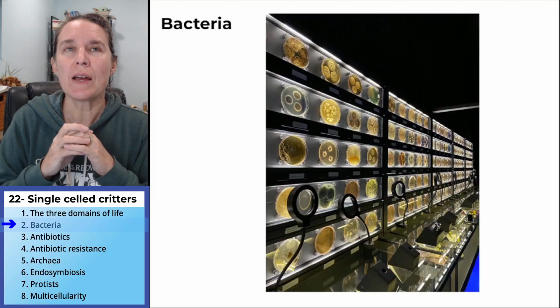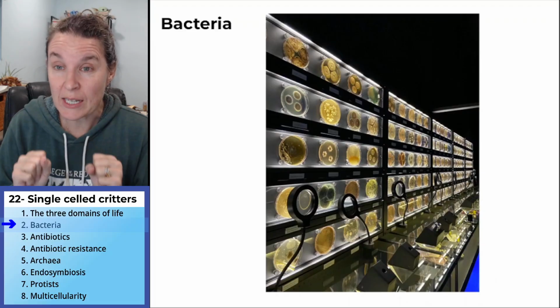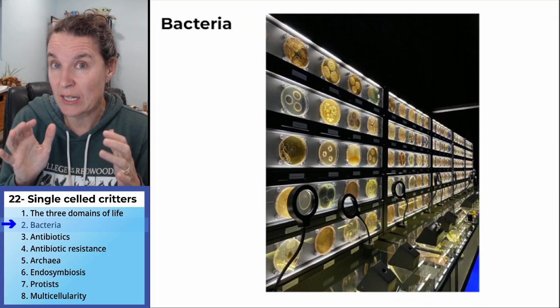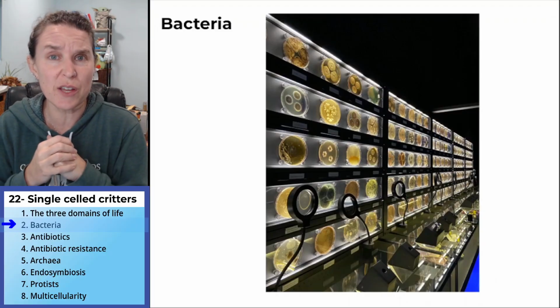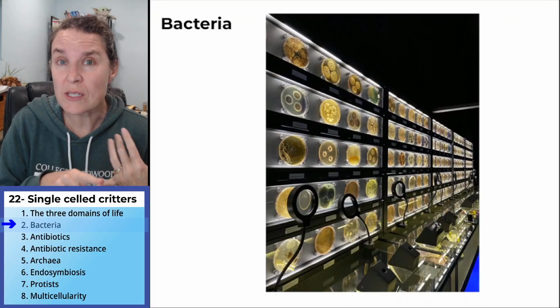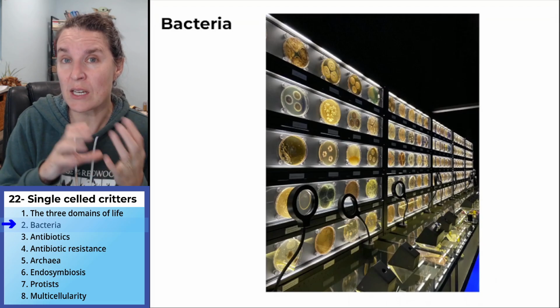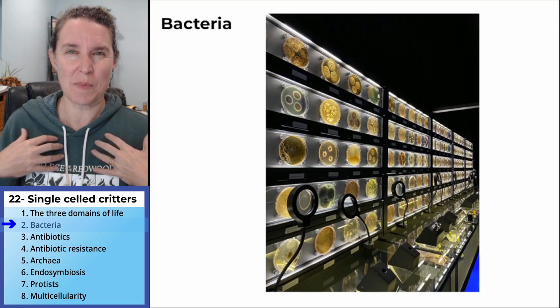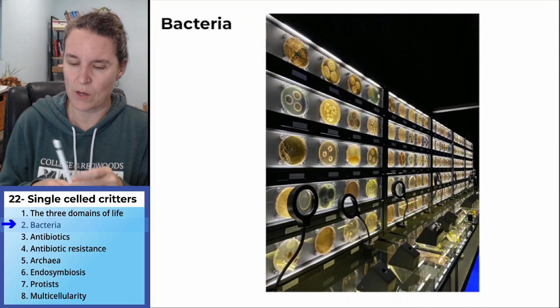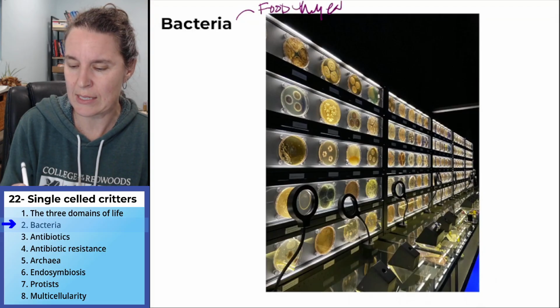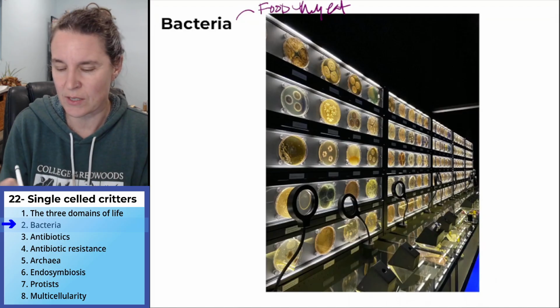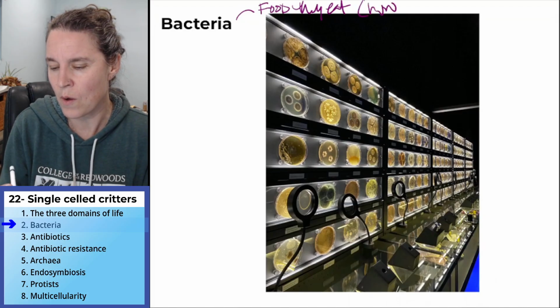We look at the colony and go, okay, there's some diversity there, but often colonies will look similar to each other. Most diversity in bacteria is classified based on their metabolism, so the food they eat. This is how we classify their diversity, or how they metabolize.